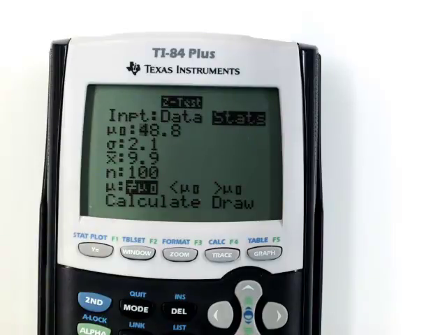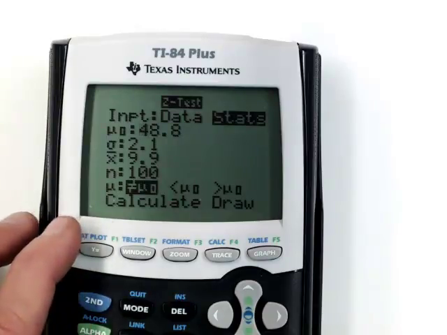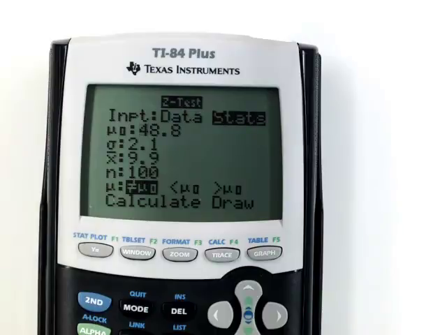So I'm going to put in the parameter from the null, and that was 10.3. My standard deviation was 2.1. It carried it over from the confidence interval screen, and it kept the sample mean and sample size.